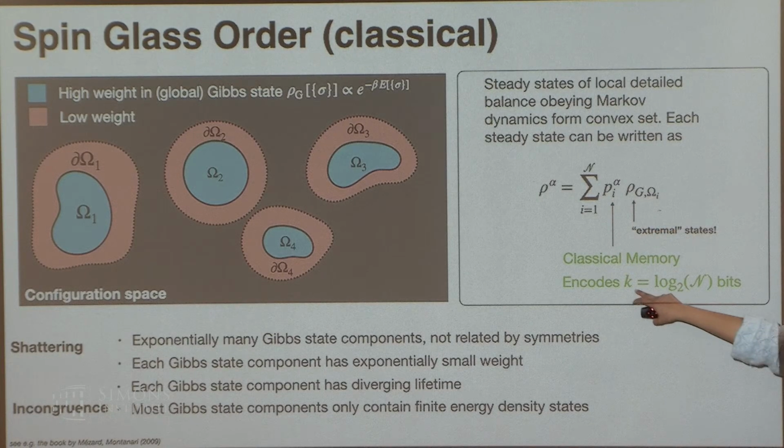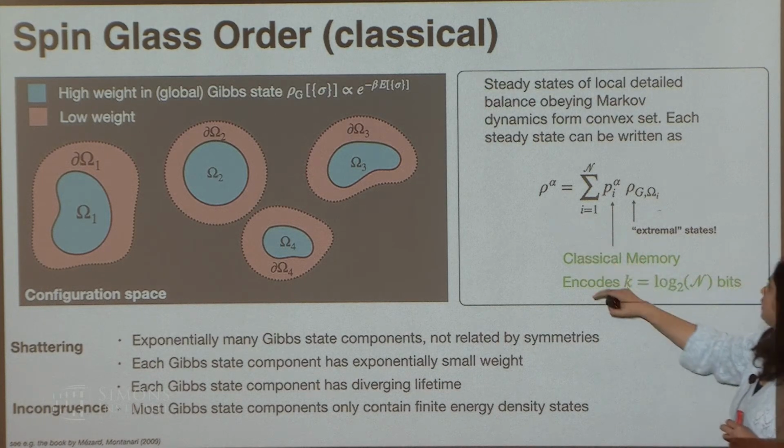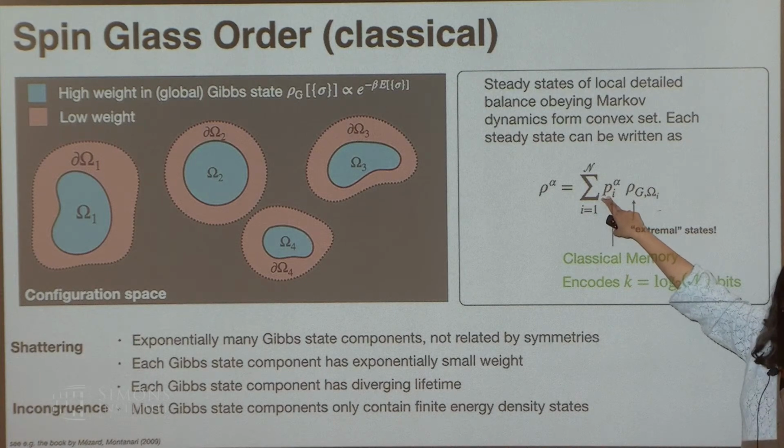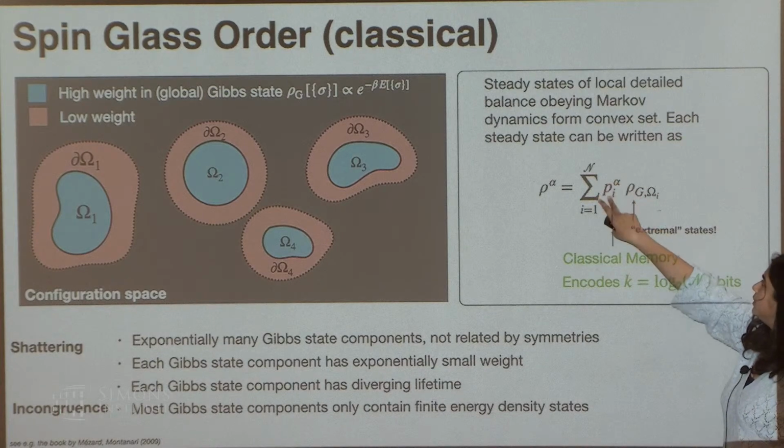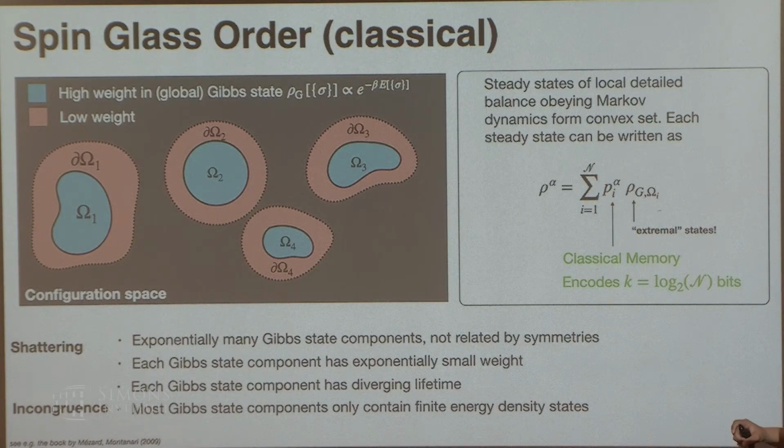If you have n extremal states, this vector has n components, and those n components will be preserved under this local detail balance obeying dynamics. The extremal states are where only one of the p's is 1 and everything else is 0. But in general, you're preserving this n-dimensional classical probability vector, so you're encoding k equals log base 2 of n bits, and that's a classical memory that's getting preserved.